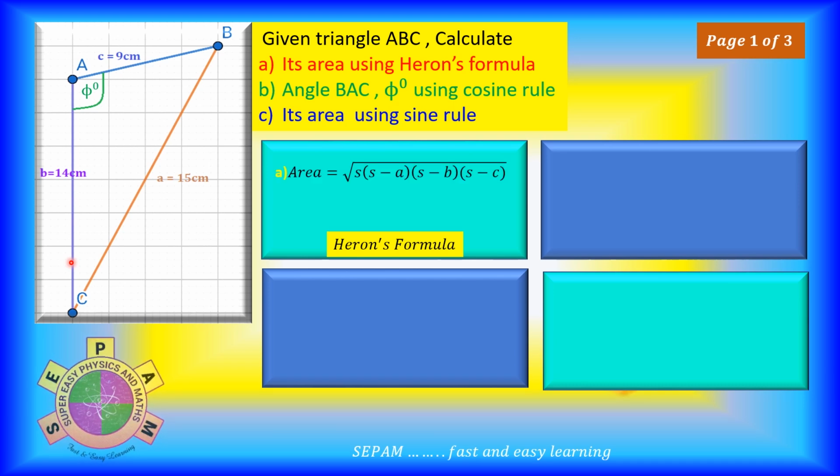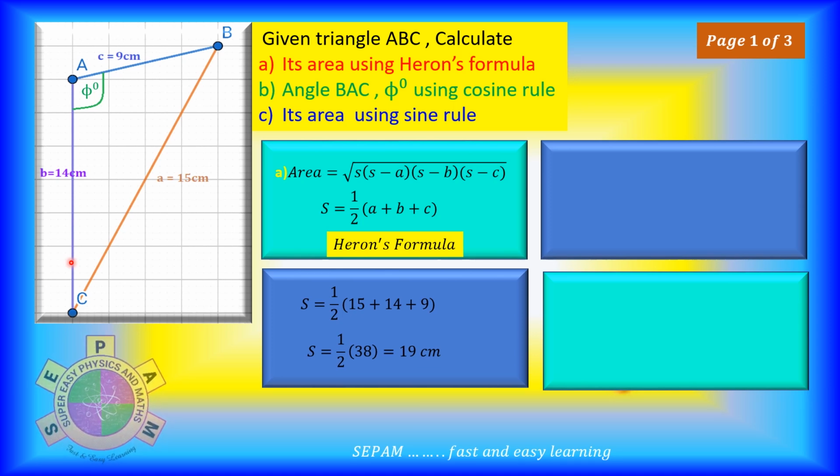This is Heron's formula, and S is the semi-perimeter of the triangle. So let's apply it. S, the semi-perimeter, is 39 cm. That means the perimeter, if you go around this triangle, is going to be 78 cm.